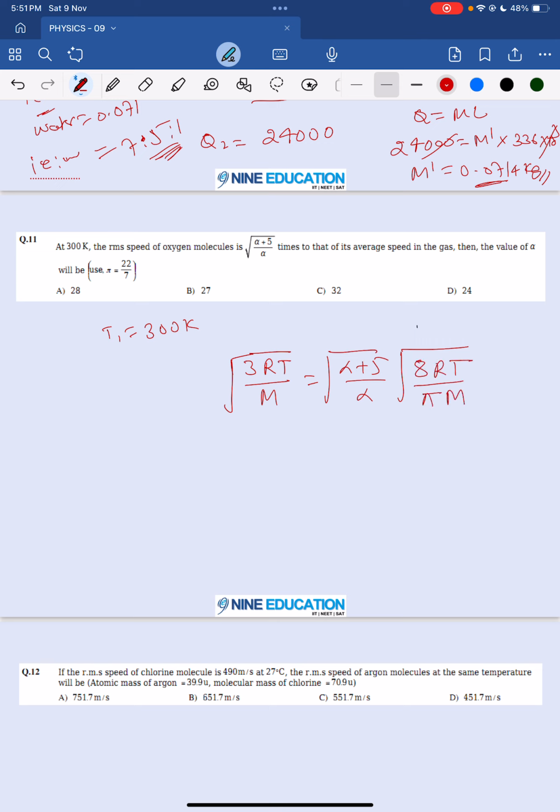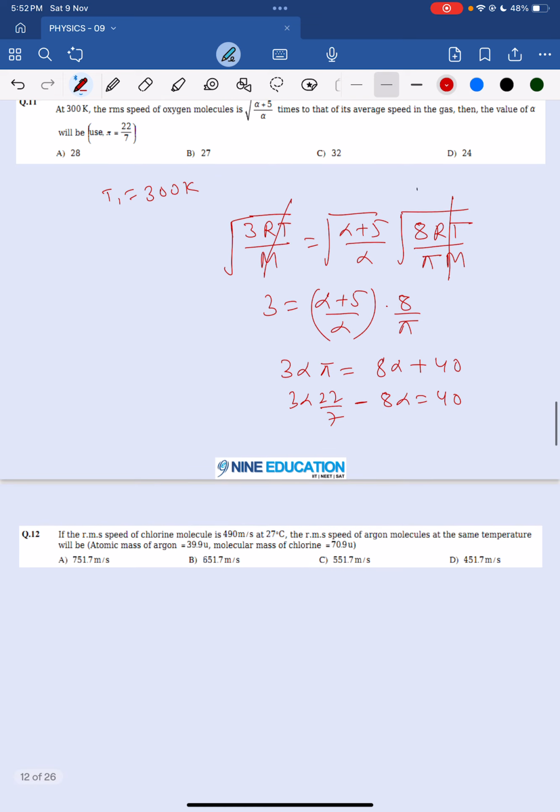Sir, I am able to see that RT by M, we will square both sides. It is going to become (alpha plus 5) by alpha, and it is going to become 8 by pi, correct? So it is going to become 3 alpha pi, and this is going to become 8 alpha plus 8 5s are 40, correct? So here 22 by 7, so 3 alpha 22 by 7, and this is minus 8 alpha equals 40.